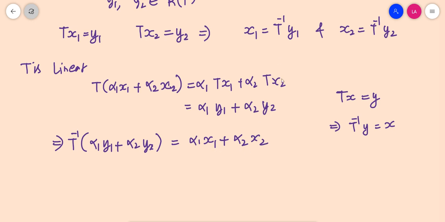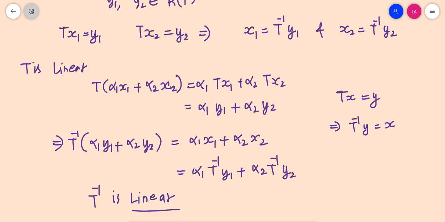Now in place of x1 we can substitute T inverse of y1, and in place of x2 we can substitute T inverse of y2, which is equal to alpha 1 T inverse of y1 plus alpha 2 T inverse of y2. So we have proved that T inverse is a linear operator.